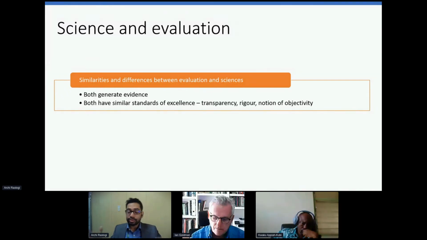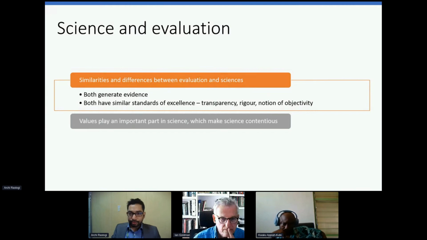And evaluations, much like sciences, are a collection of different disciplines. All of us come from different disciplinary backgrounds and come to evaluations and enrich the discipline, which also means that evaluations, like sciences, are very rich with diverse kinds of worldviews and disciplinary lenses, which make both of them very complex.